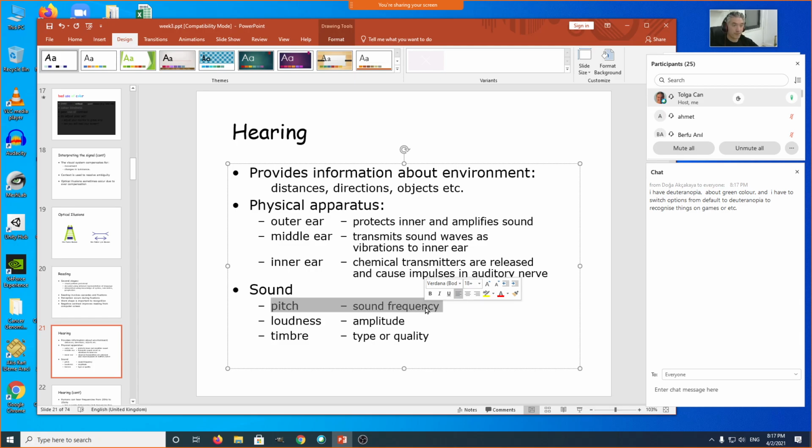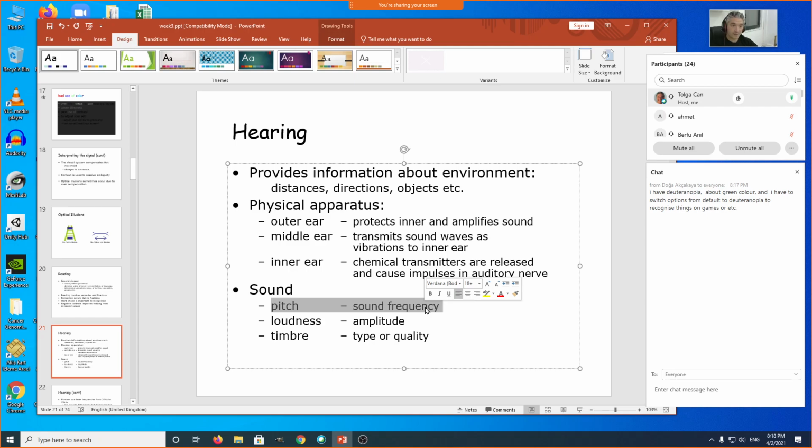So if you have deuteranopia, it's about a green color. The good thing is what Doa shared with us: because of this visual perception difference, he really needs an interface that is customizable, right?